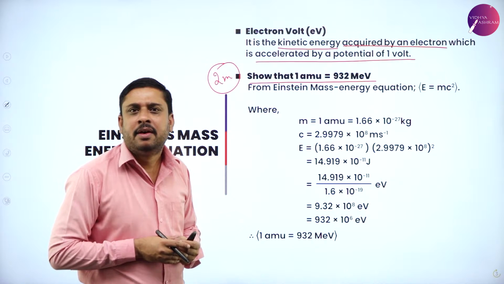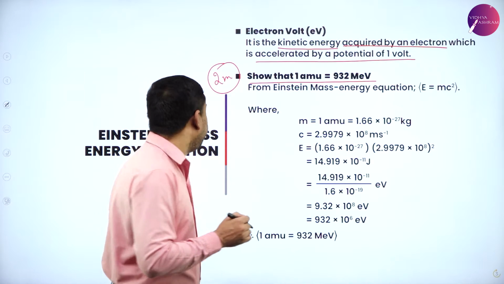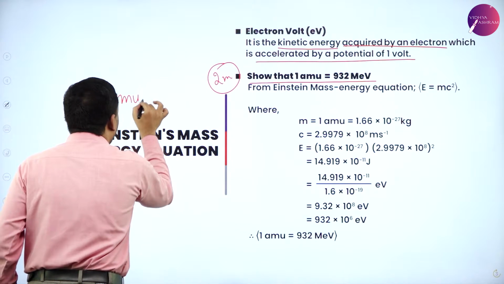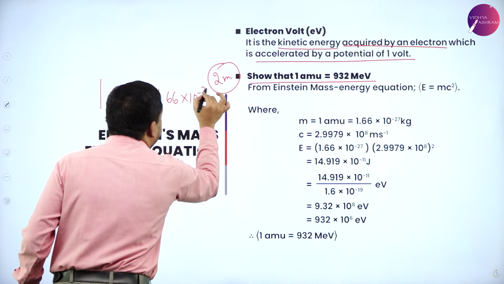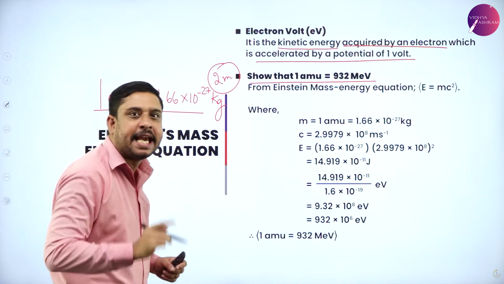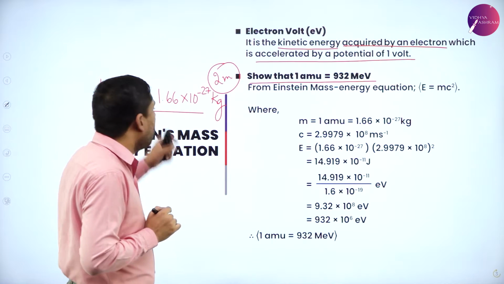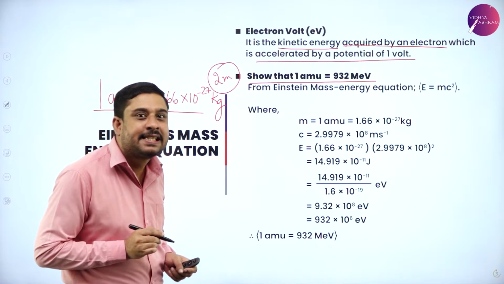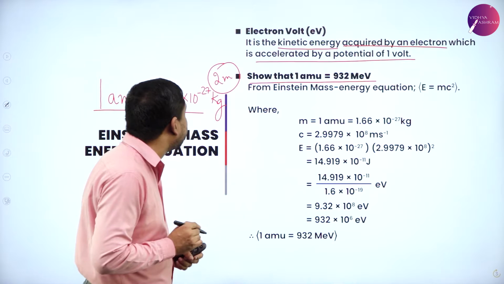Yesterday when we spoke about atomic mass, my dear students, I showed one atomic mass unit was 1.66 into 10 power minus 27 kg. In yesterday's class, we clearly showed one atomic mass unit is 1.66 into 10 power minus 27 kg.